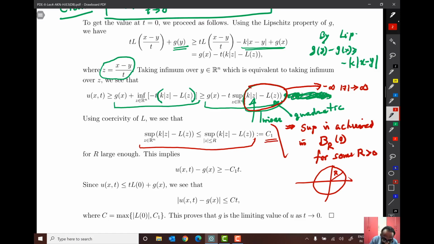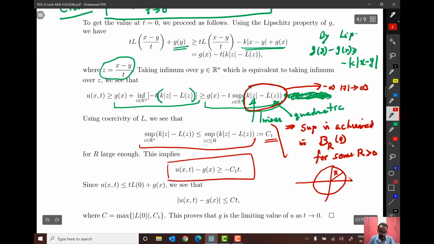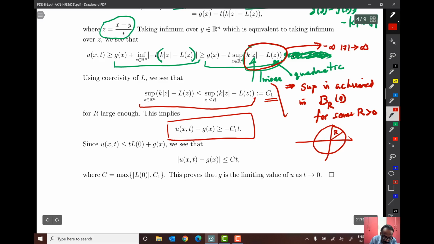Therefore, you will see there is a minus sign here. The supremum of this one is less than or equal to a positive constant. So therefore u(x,t) minus g(x) will be greater than or equal to minus C1 t, since the minus sign is there, so you get this inequality. And of course this is true for any y, from the infimum. In particular, when you choose y equal to x, you get t times L(0), because it is t times the infimum of L((x minus y)/t).